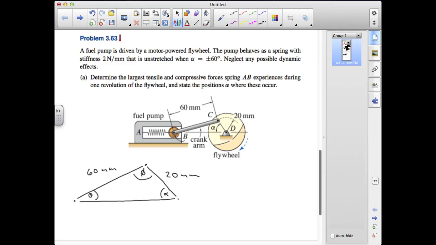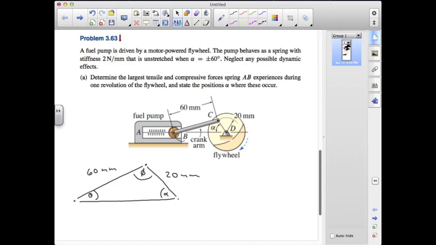The solution to this problem involves more geometry than anything else, and we're again going to have to go back to our law of sines in order to determine some angles and distances so we can figure out how much stretch or compression this spring experiences.